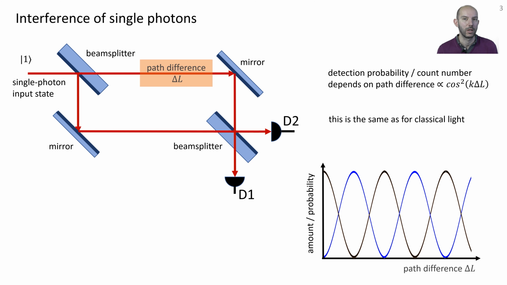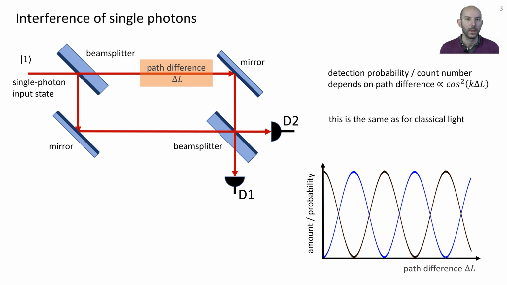And this is very much the same for classical light, which is surprising because the photon, as we learned in the last module, can actually not be split, but it still behaves in very much the same way as classical light in such an interferometer, where it is split into two paths and then recombined. And the reason for this can be found in quantum superposition.